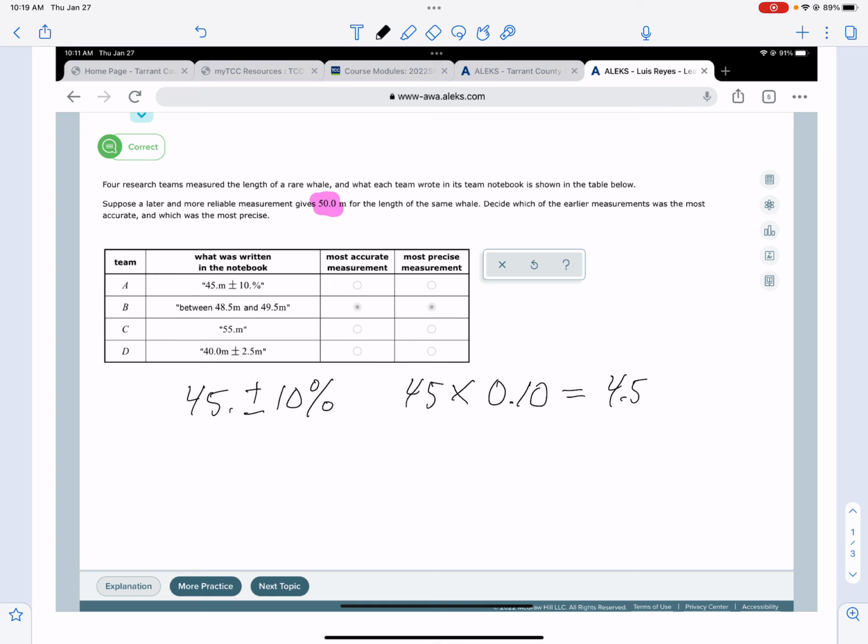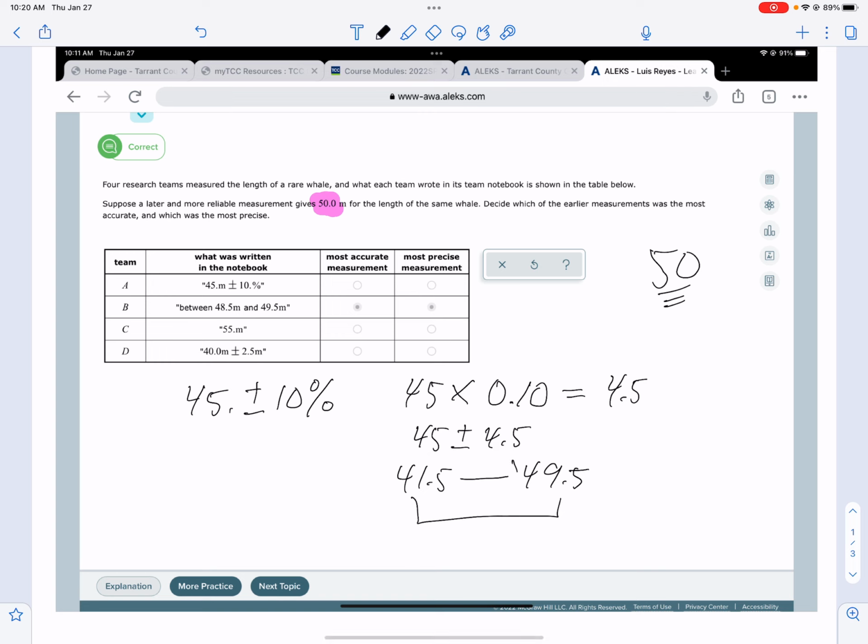So this value is 45 plus or minus 4.5, which means it can go from 41.5 all the way to 49.5. If you notice, our value, which is 50, doesn't fall in there, but 49.5 is pretty close.